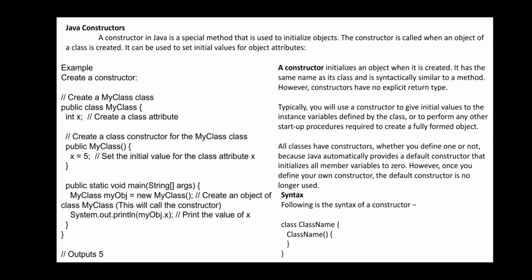Typically you will use a constructor to give initial values to the instance variables. Instance variables means object variables defined by the class, or to perform any other startup procedures required to create a fully formed object. All classes have constructors, whether or not you define one, because Java automatically provides a default constructor that initializes all the members to 0.